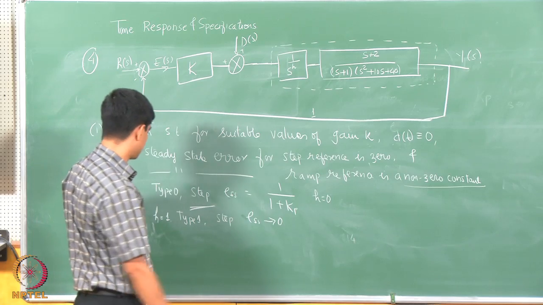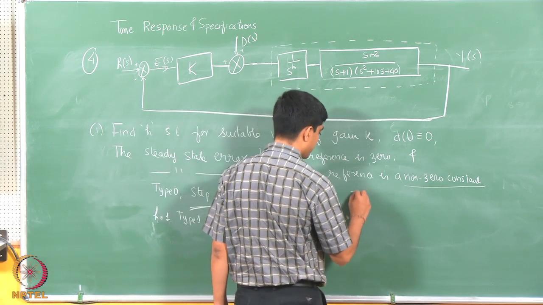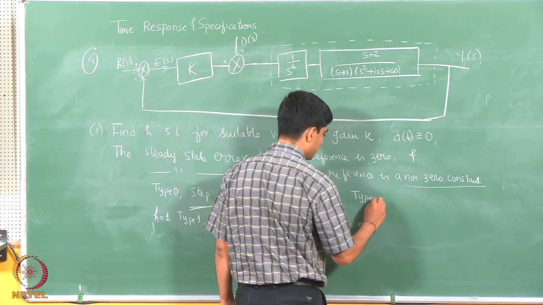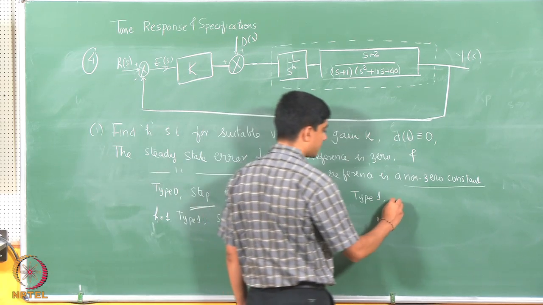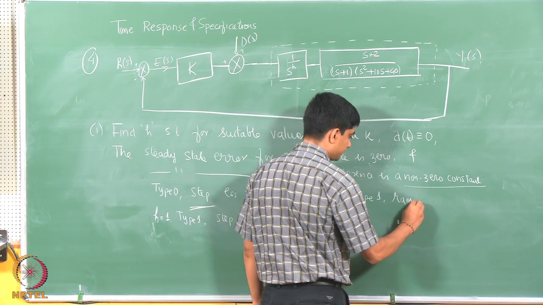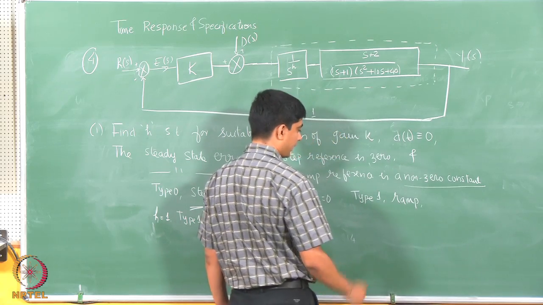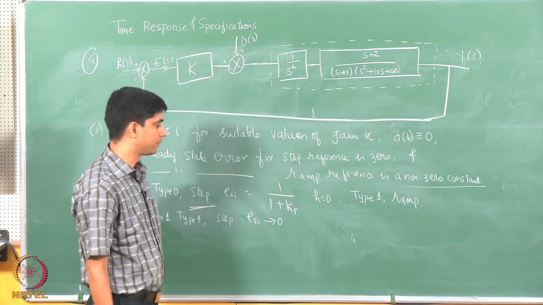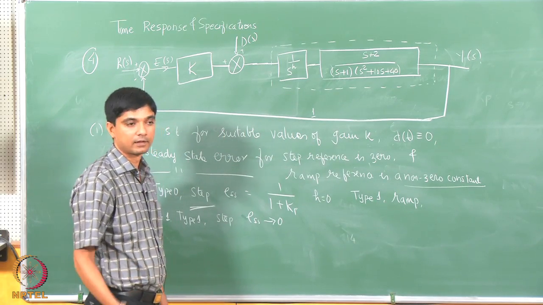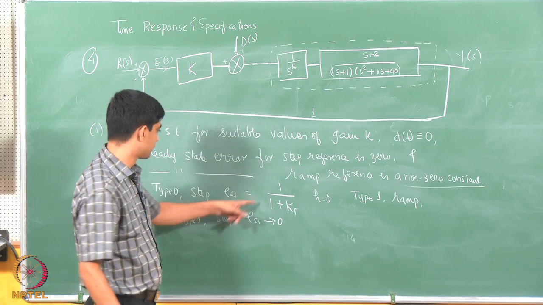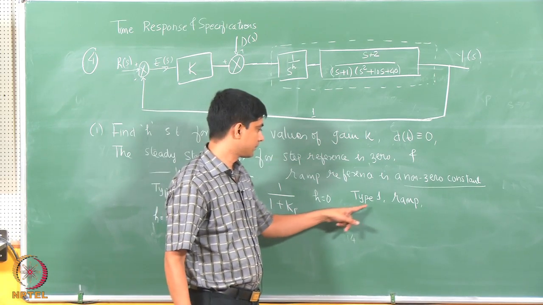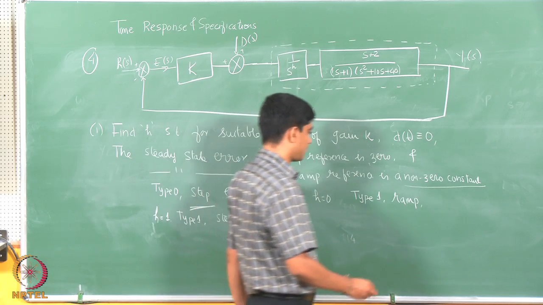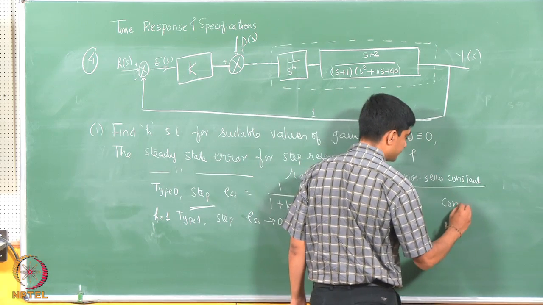Okay. So, what was the nature of this thing? If I have a type 1 system, okay, and the input is a ramp. Okay. So, I know that a type 0 system will not be able to track a ramp and the error is infinity, and h equal to 0 is ruled out anyways, right. I will start with h equal to 1. Type 1 system, a ramp input, I know that there is a constant error.